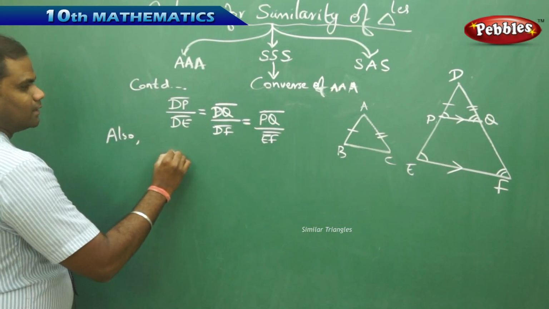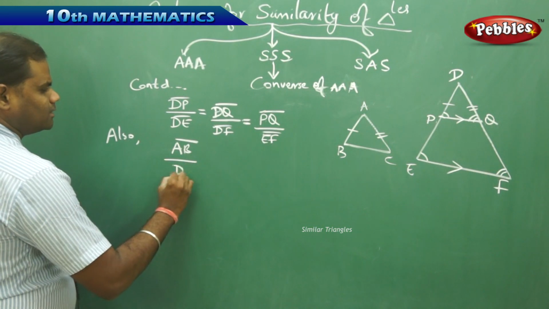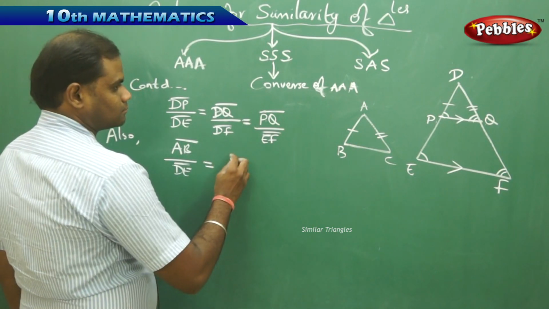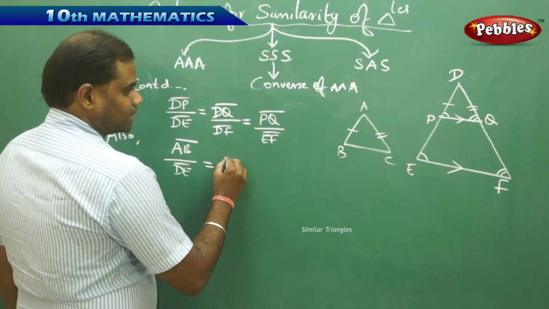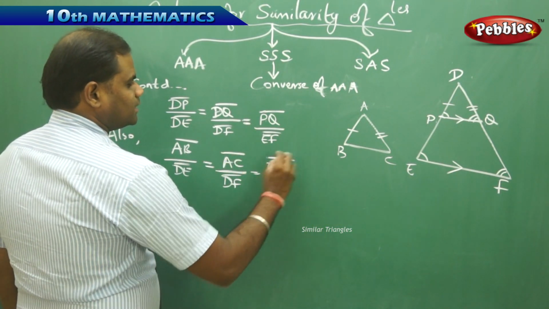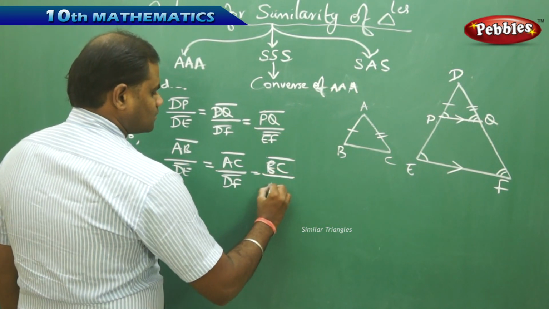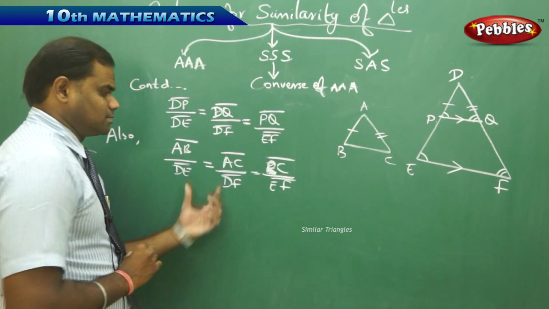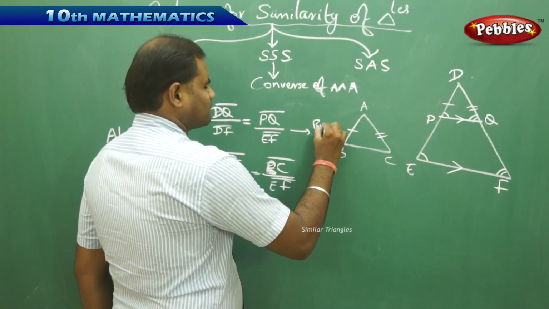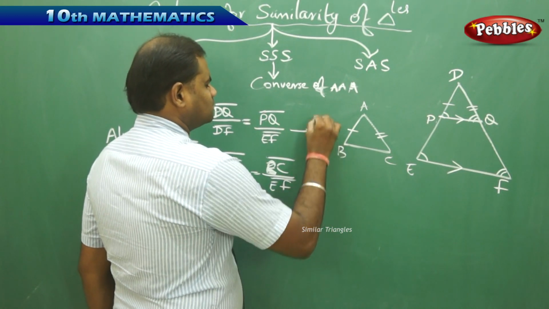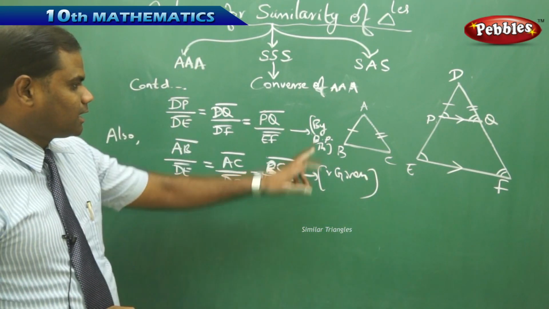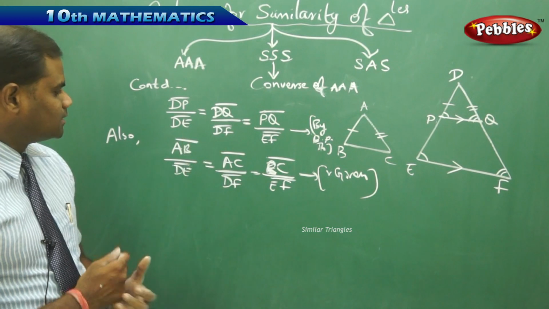Also, I have AB by DE is equal to BC by EF, or AC by DF is equal to BC by EF, is what I get from the two different concepts. This is by the basic proportionality theorem, and this is since given. So from the given concept and by using the basic proportionality theorem, I get this equals this.